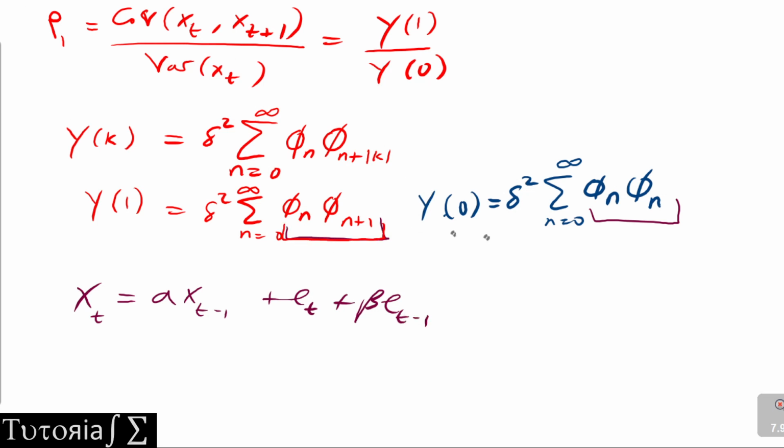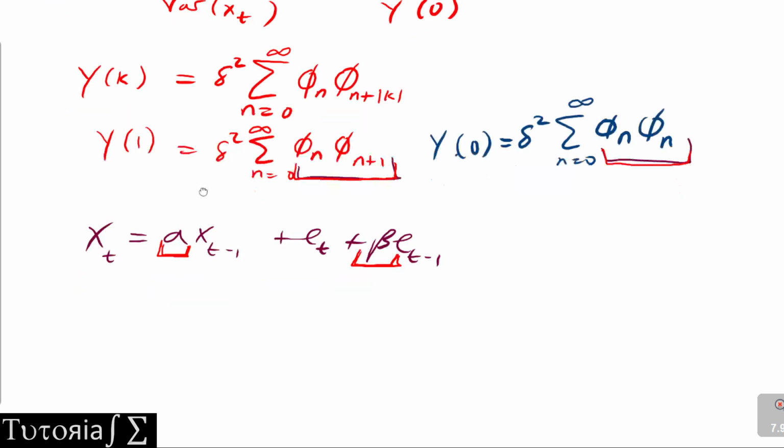These terms, the constants, are actually the infinite expression of these constants here. So we need to find the infinite expression of the constants a and beta, and when we find the general term of that, that is what we will put here.